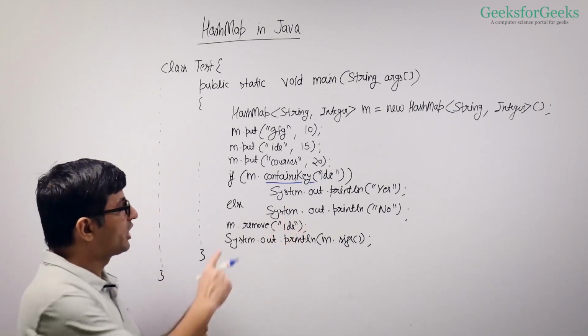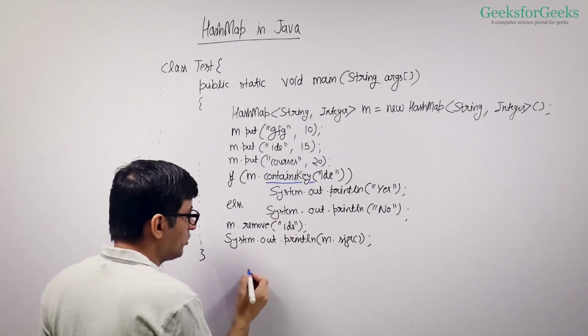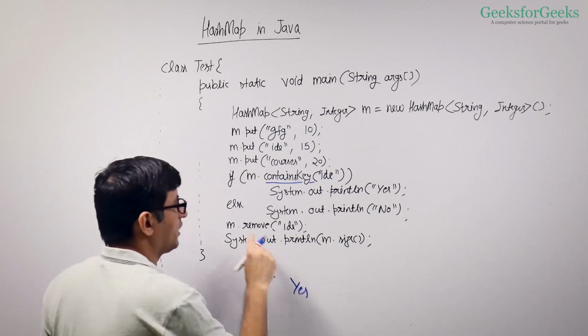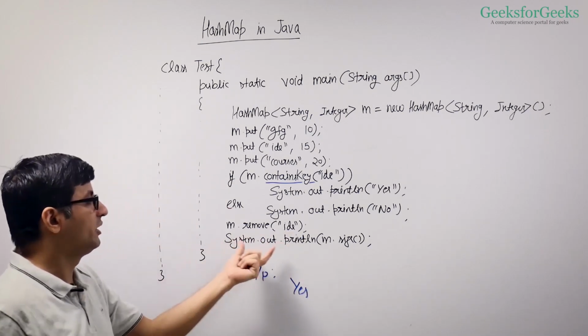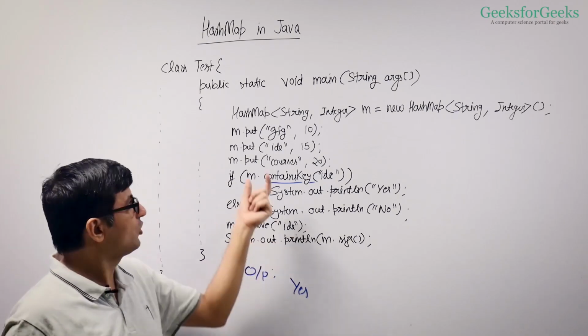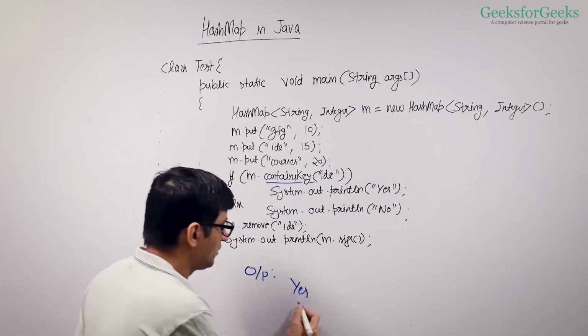So what is the output of this program? Since we have called contains key before remove, we'll get the output as yes. Then it will remove IDE. So what will be the size of new HashMap after removing one key value pair? You will get the output as 2. Initially it was 3, now you get 2.